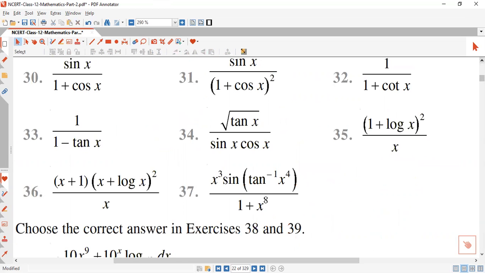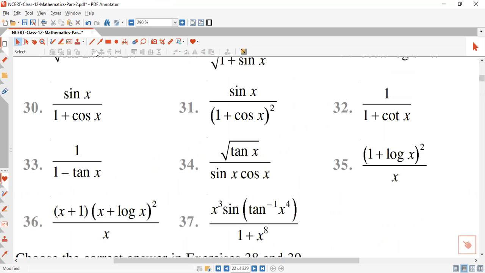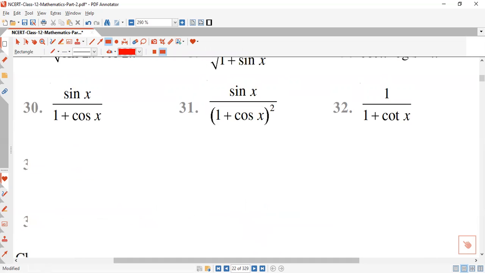Now you see this question number 32. 1 upon 1 plus cot x dx. In the denominator, if we take anything as t, we are not getting that part. So I will put cot x equal to cos x upon sin x.